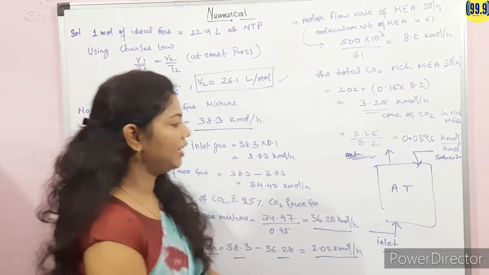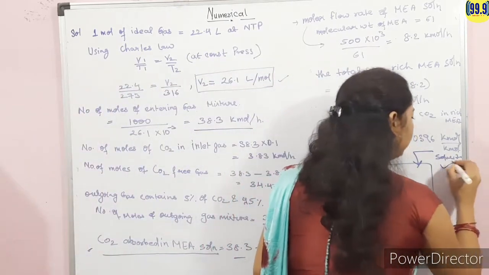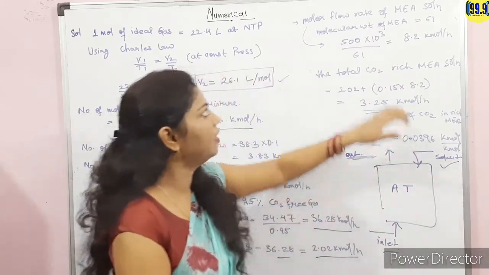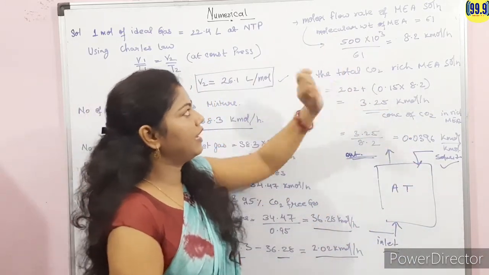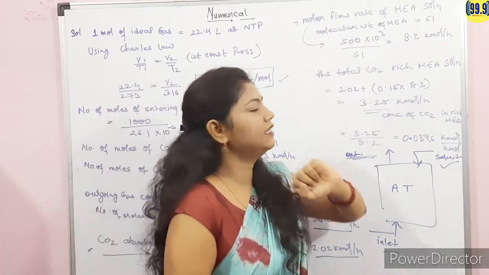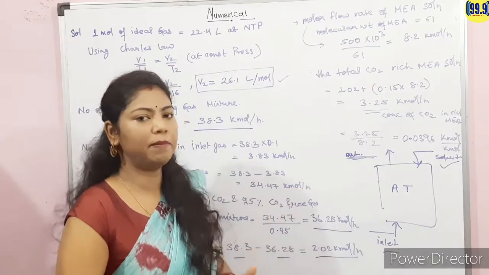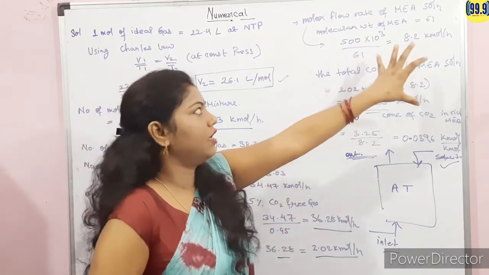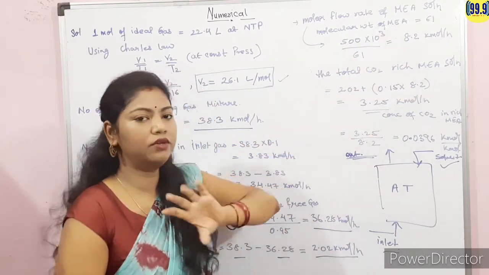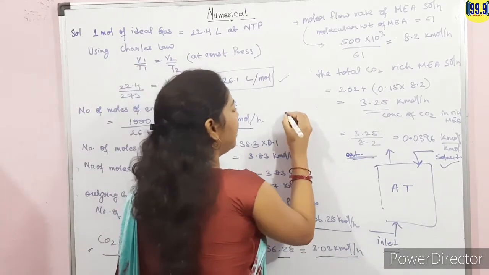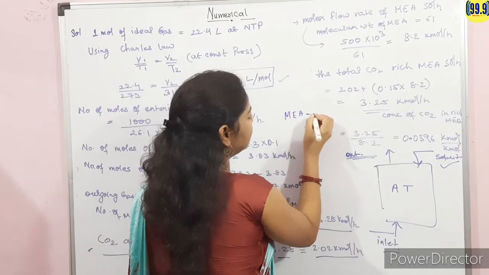So now we calculated the solvent conditions. Okay, now in the question it is given that the flow rate of the MEA is 500 kg per hour. We know the molecular weight of MEA is 61.